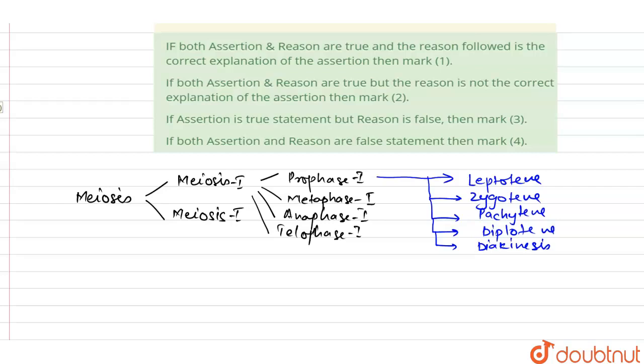So basically during the prophase 1 phase of meiosis 1, all the homologous chromosomes align with each other. They start to pair.